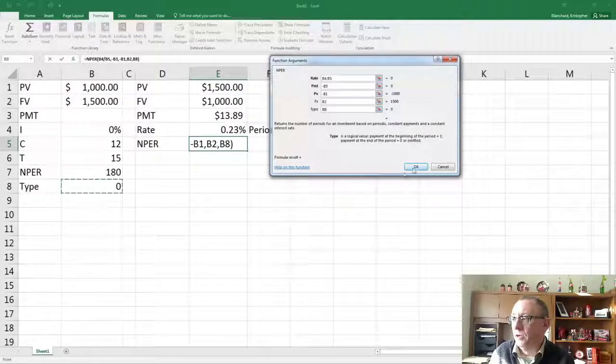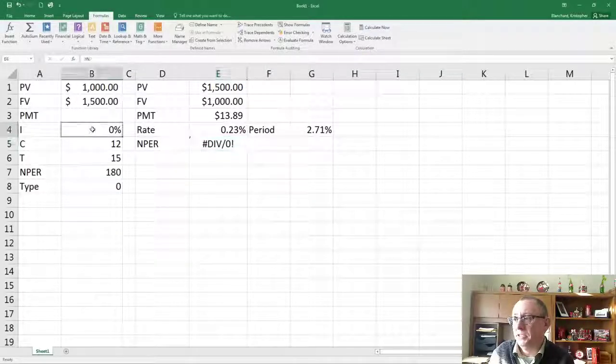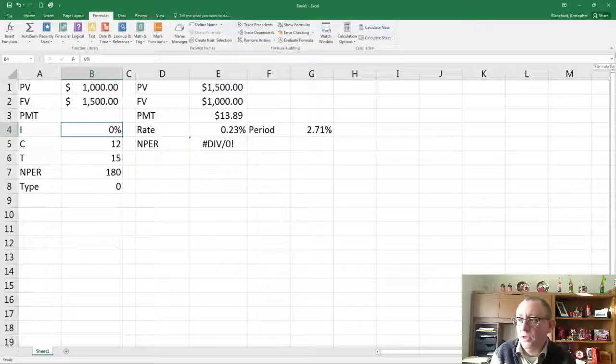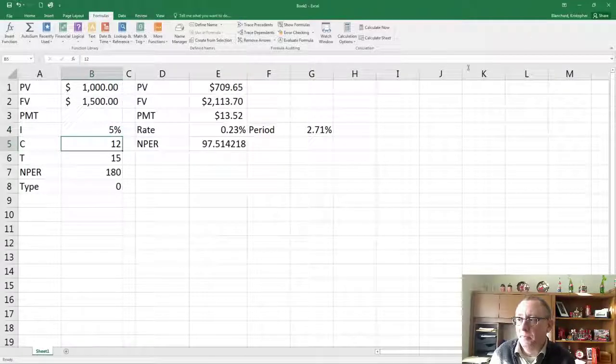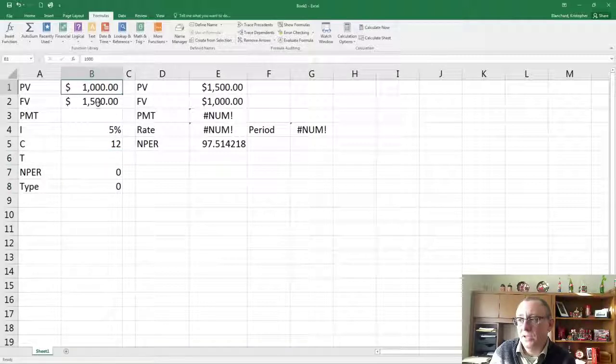Okay, so as we go through this particular one, let's say we know we can earn 5% compounded monthly, and we don't need to worry about a time in this case because we're calculating it, right? And we have $1,000 and we need $1,500.